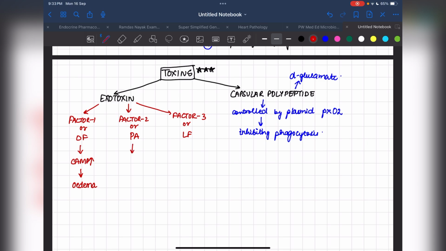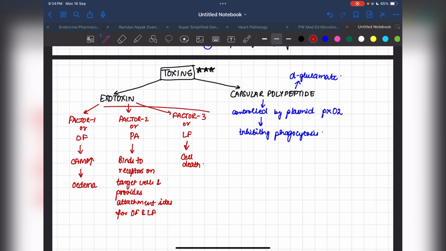What PA does is that it binds to receptors on target cells and provides attachment sites for edema factor and lethal factor. And what lethal factor does is it causes cell death. The exact mechanism of causing of cell death is just not known right now.